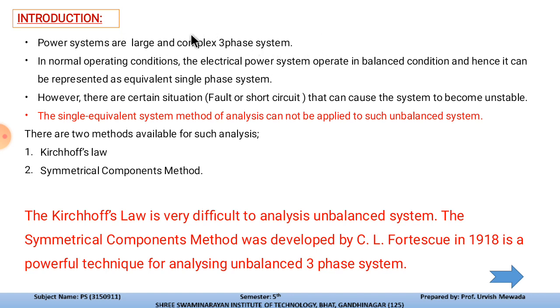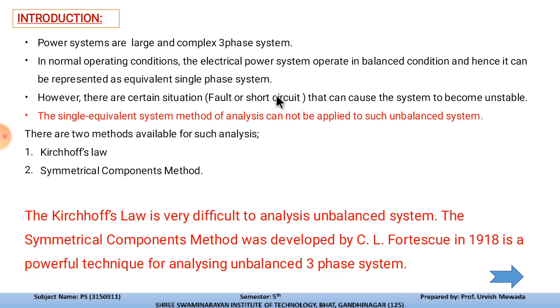Whenever any kind of fault occurs in the power system, and there are many types of faults arising day to day, the current through any of the phases will change, increasing or decreasing. If a fault or any type of short circuit occurs, the system will become unstable, and due to this reason all the phases will have different amounts of voltage and current.